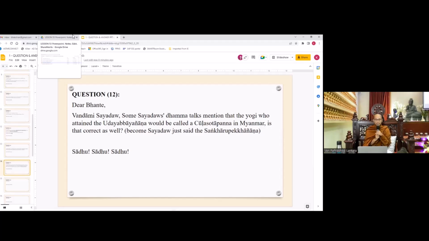Yeah, as I understand, Udayabbaya Nana is not stable. That's why many people can come to that level, and they are not considered Chula Sotapanna or anything else. But actually, the Chula Sotapanna idea itself developed later.